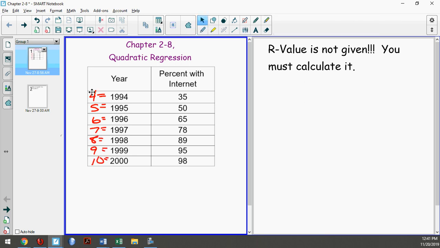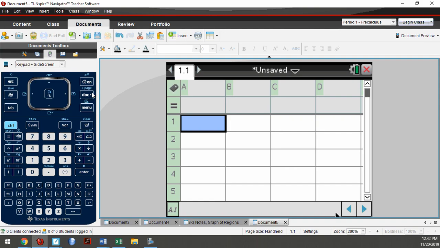Okay, now, just like we did before, we're going to do lists and spreadsheets, right? So I want you to pull up your graphing calculator. And you are going to land on cell A and on lists and spreadsheets, and what are you going to label that? Go home, hit your house, and then new document.